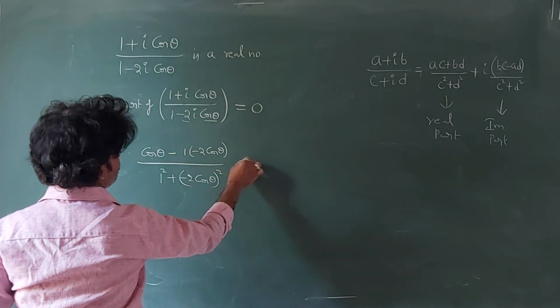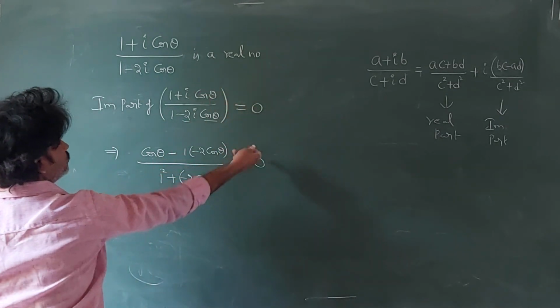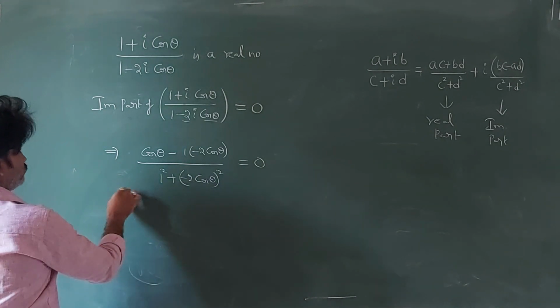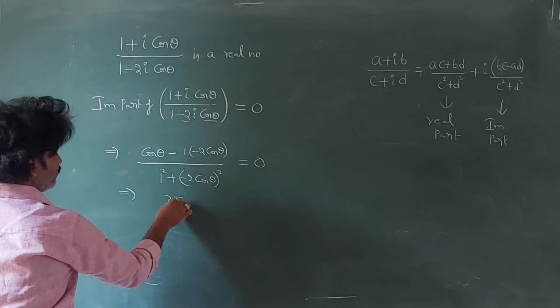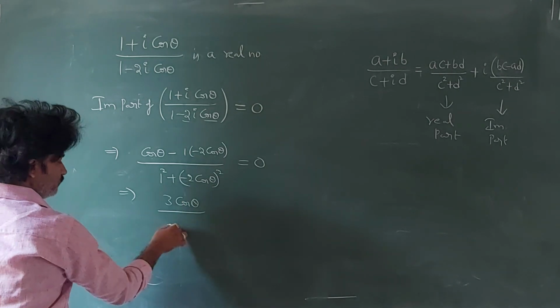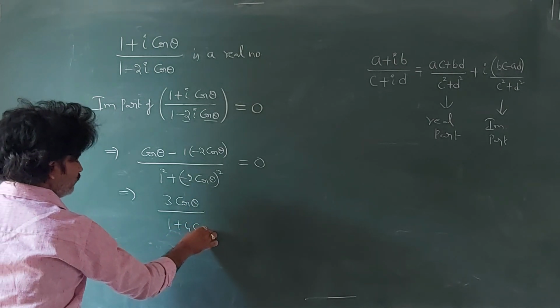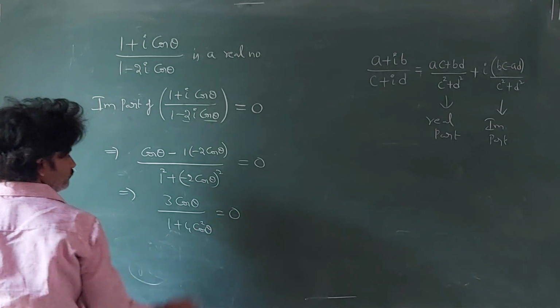This total, according to the question, is 0. So cos theta plus 2 cos theta, 3 cos theta by 1 plus 4 cos square theta, equals 0.